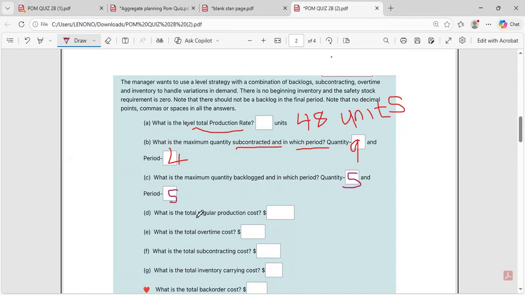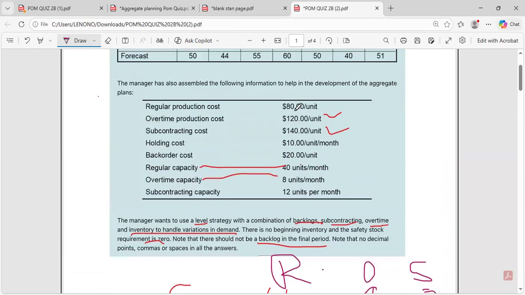And then the total regular cost is 40 units multiplied by 7 months. Then you multiply by the regular production cost, which here was $80.